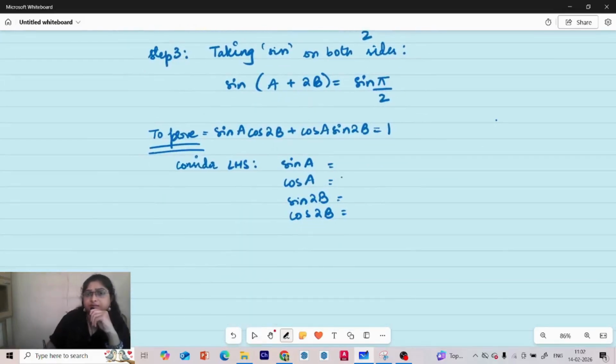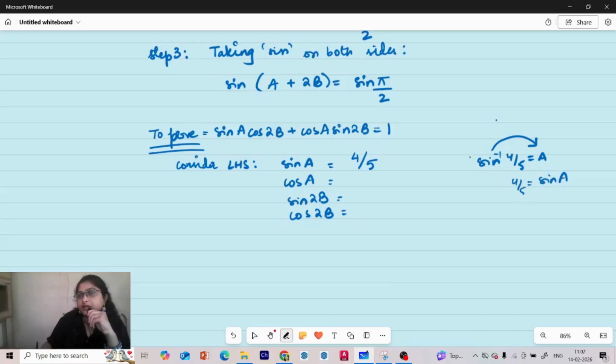We know this because if sin inverse 4 by 5 is equal to a, taking sin inverse to the other side, sin a is equal to 4 by 5. Now if sin a is 4 by 5, what should cos a be? Suppose this is angle a, opposite by hypotenuse is sin. So adjacent should be 3. So cos a is 3 by 5.